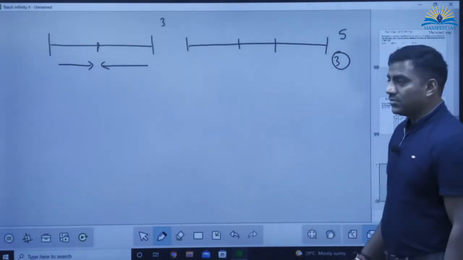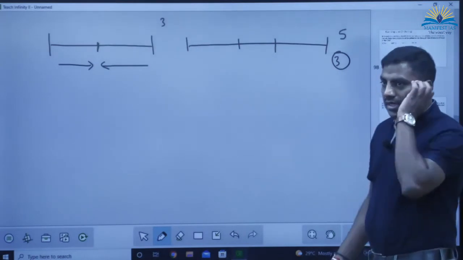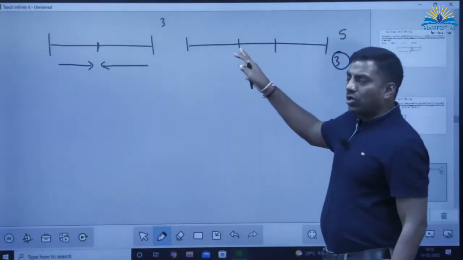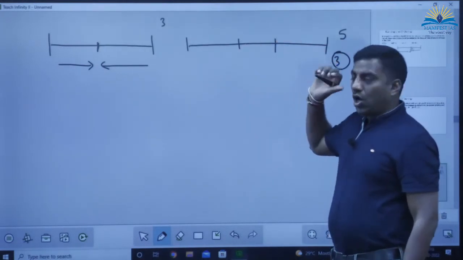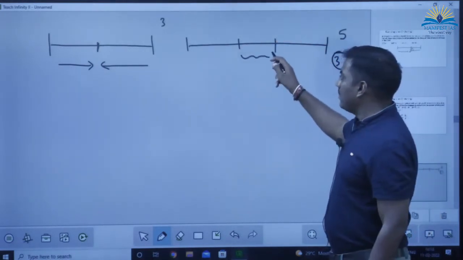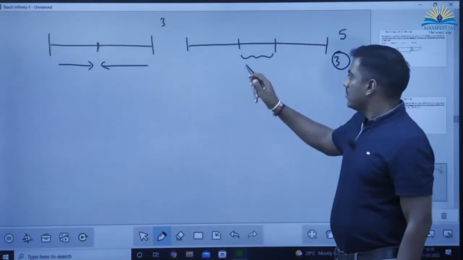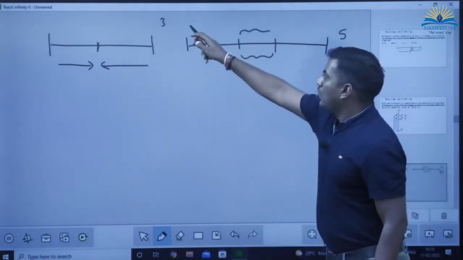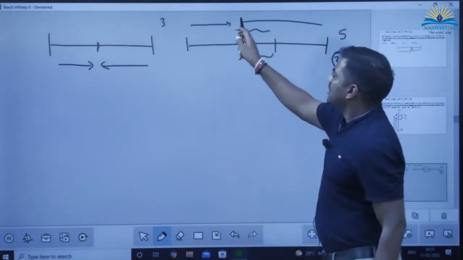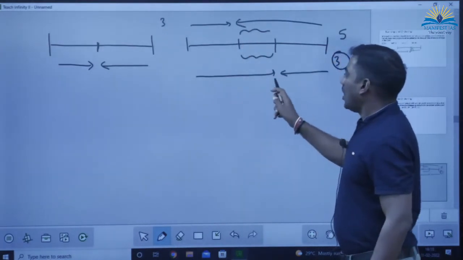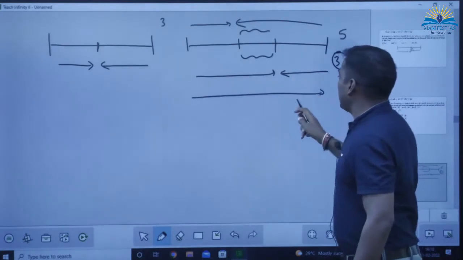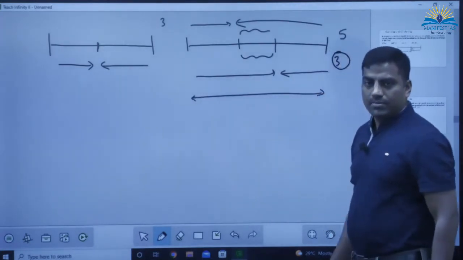Okay? Now, here, not only with respect to their respective positions, there can also be a relation between them. We know this, we know this, or we know the entire number.